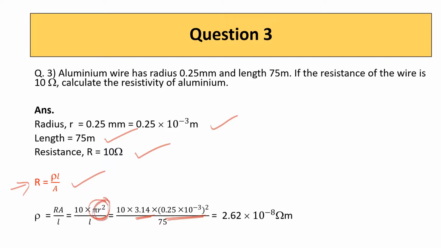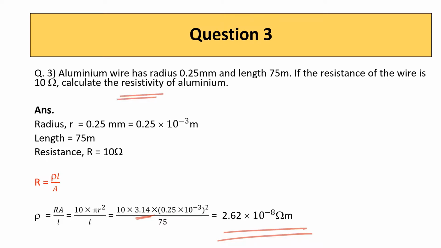Therefore, you must square this term, 0.25 into 10 raised to minus 3 squared. This will give you 2.62 into 10 raised to minus 8 ohm meter. In this question, resistivity rho is asked. Therefore, the resistivity unit is ohm meter.